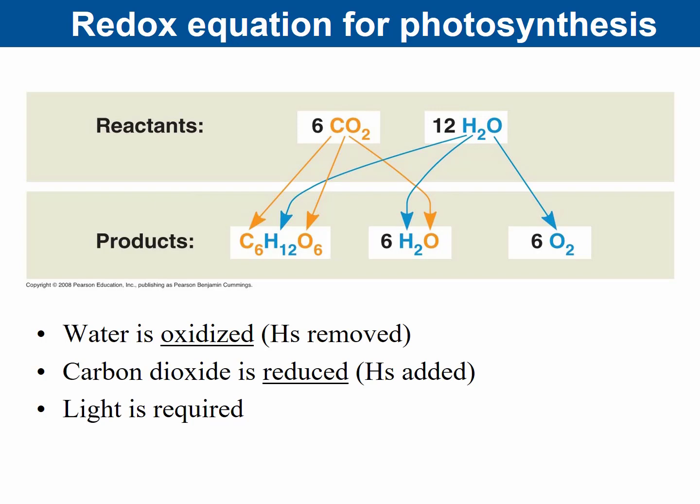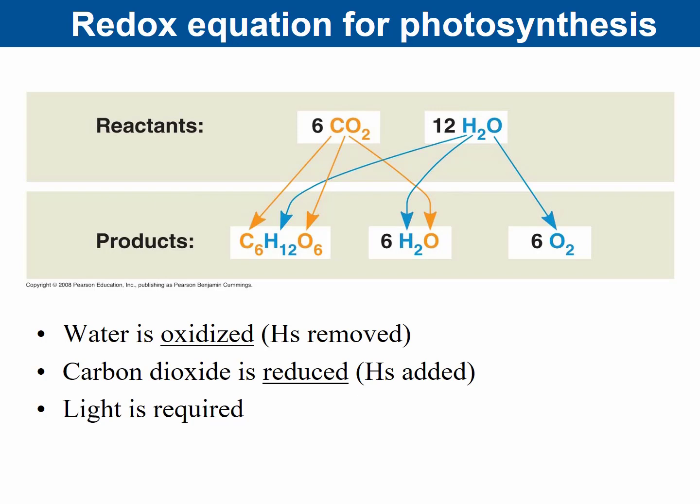And so if the water molecules are going to lose electrons, right? So if they're going to donate electrons, then we would say that water becomes oxidized. So remember back to our oil rig, oxidation is a loss, right? So water loses electrons, which means that carbon dioxide becomes reduced. It gains electrons, and it's going to give rise to the sugar.